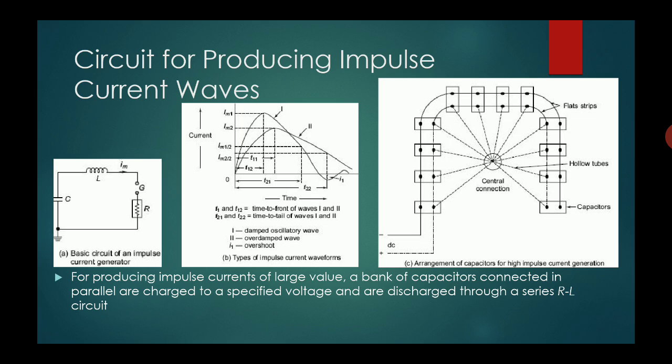For that you can see the graph, the currents can be either of type 1 or type 2. Type 1 is damped oscillatory and type 2 is over damped. So we have two kinds of impulse current waves that are produced by the circuit on the left hand side.